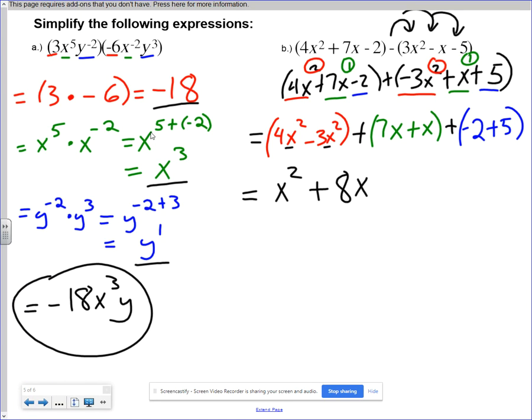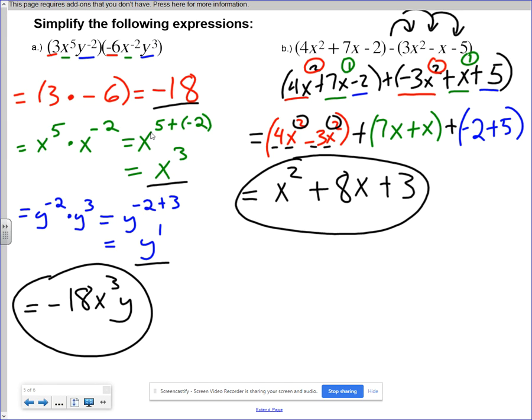Then we're going to add our constant terms, so negative 2 plus 5 is plus 3. So the variables don't change. It's the coefficients that you're going to be adding or subtracting in any given problem. Don't change the exponents on any of the given expressions.